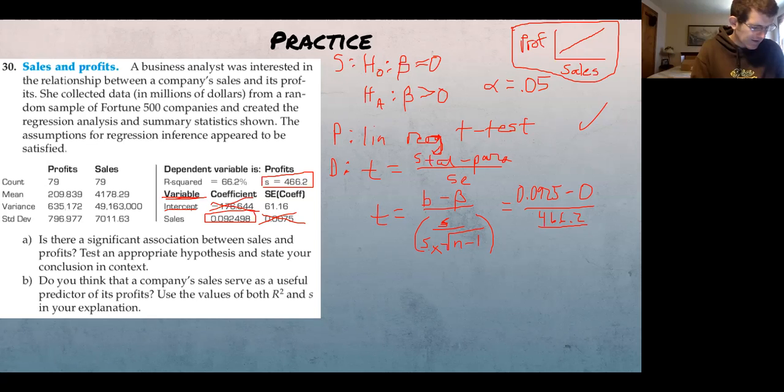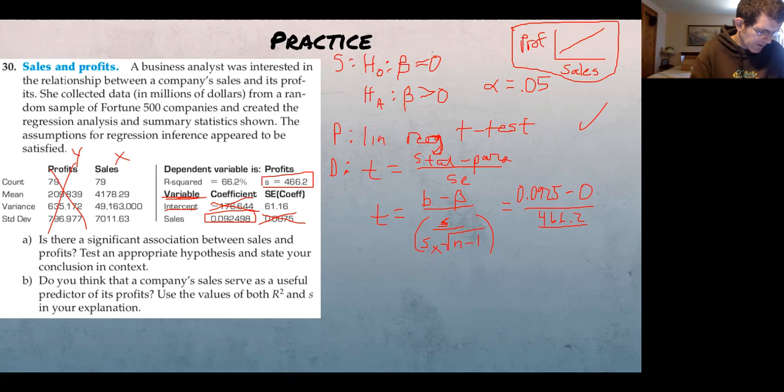All right, so knowing that this would be X, this would be Y, I don't care about these, at least in this context. What I want is the standard deviation of the sales variable, the sales data.